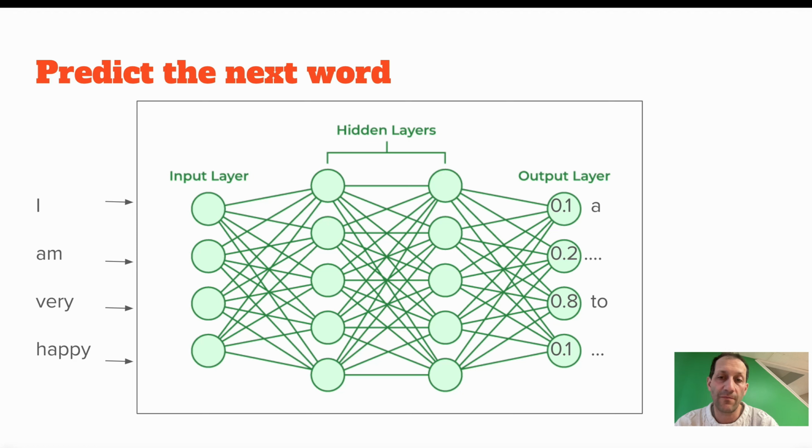Say in our mock example, I said I'm very happy, and what comes out of these neurons, the 0.1, that 0.2, 0.8, 0.1, whatever. And the first word in the dictionary could be A, next one could be apple, banana, all the way through, and then at some point you have 2, and then zebra and whatever comes next.